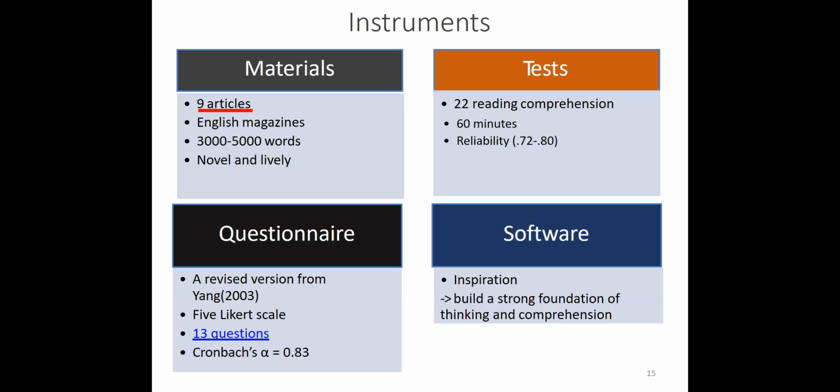The purpose of the test was to evaluate the subjects' English ability after they read the articles. So on the test sheets, there were 22 reading comprehension questions. The test time was 60 minutes. The reliability of the test was 0.72 to 0.80.